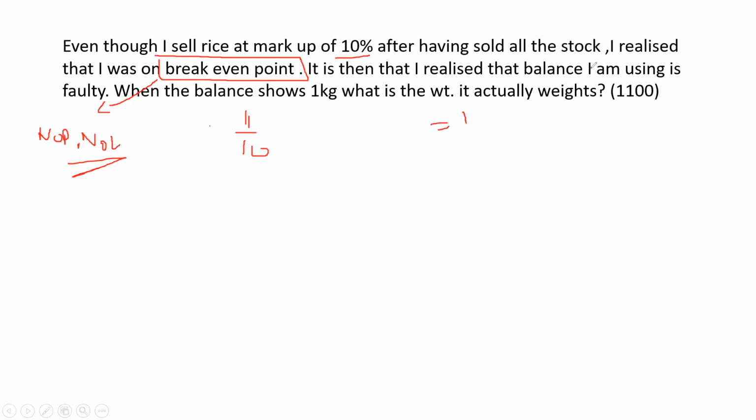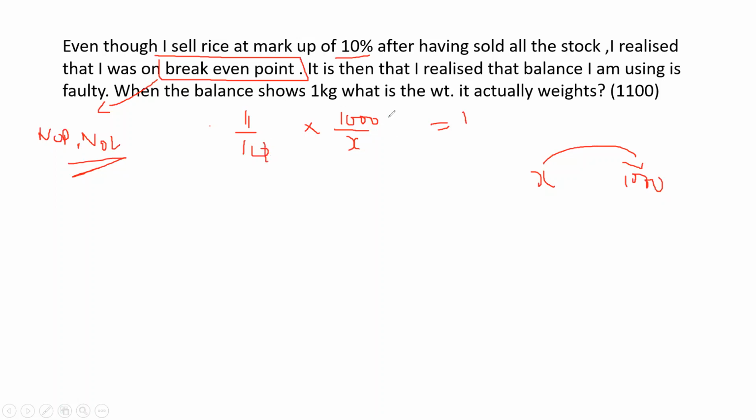It is then I realized that the weight I'm using is faulty. When the balance shows 1 kg, it will show 1000, but what it actually is, we don't know. That is x, isn't it? Say what it actually shows. In the last question I told that it actually was something, but it showed something else. 1000 it showed. So multiplying factor 1000 by x.